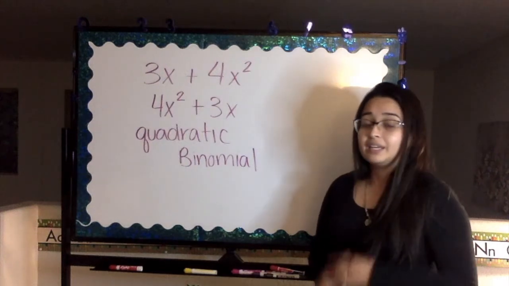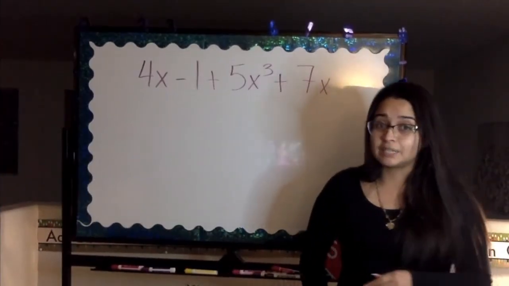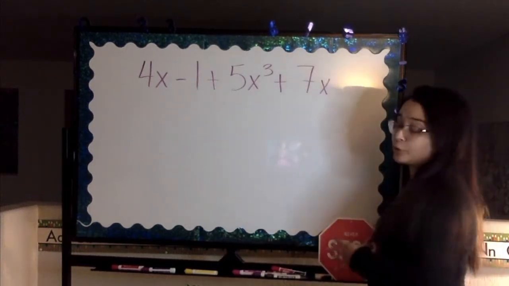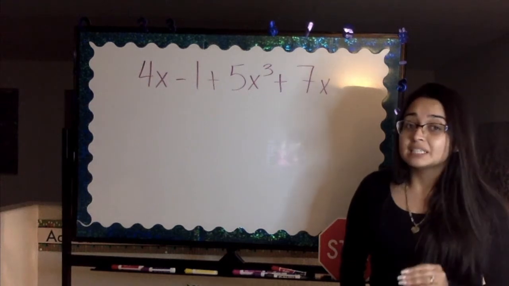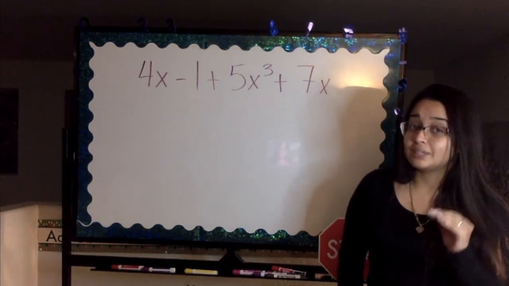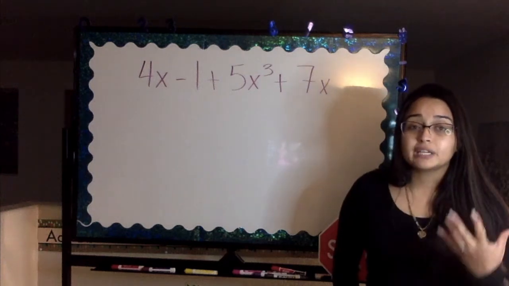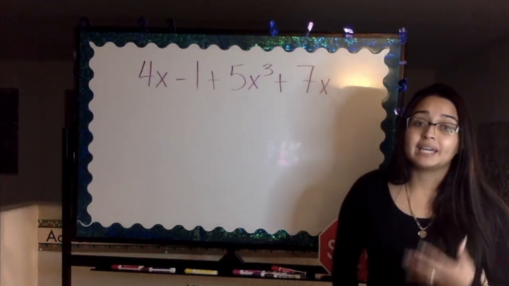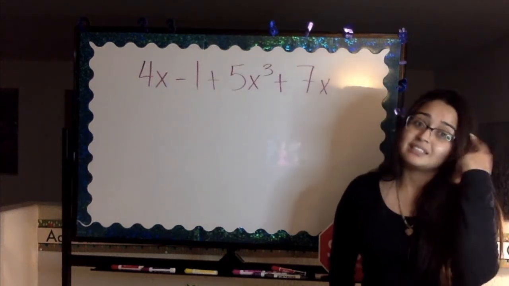Okay, now let's go into an example for your assignment. Very well, for your assignment, I put this polynomial up on the board. Now, please start off by placing it in order. Hint. It's going to have you combine like terms as well. Keep that in mind.